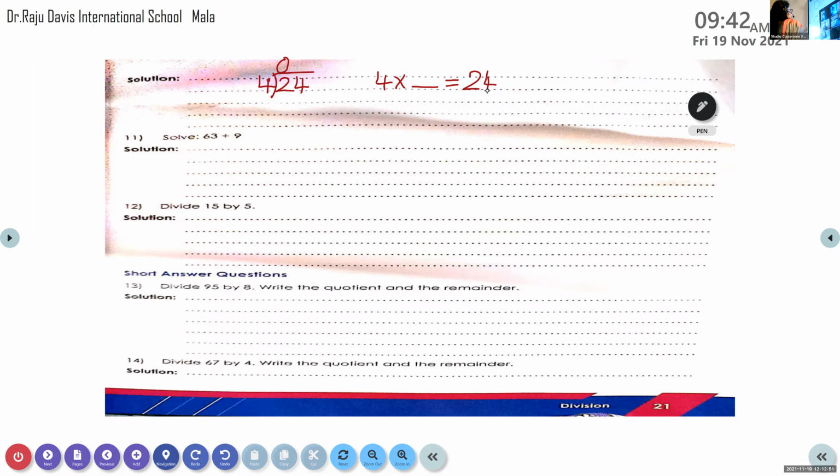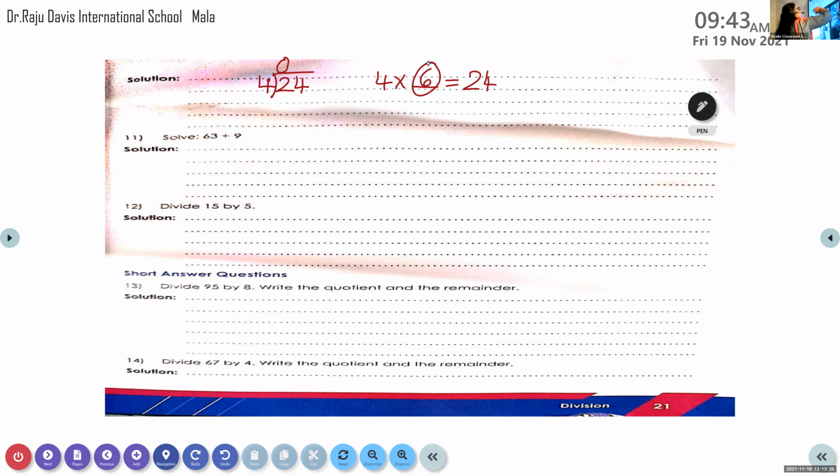Yes. 4 fours are 16. 4 fives are 20. 4 sixes are 24. Whether you got 24 now? Yes. 4 into what is 24? 6. 4 sixes are 24.